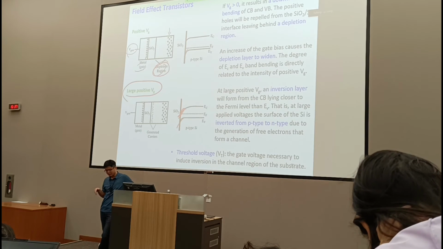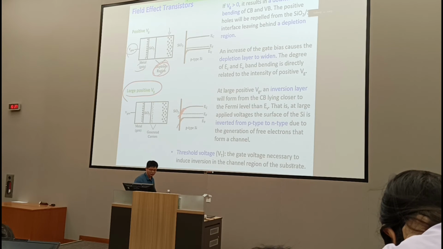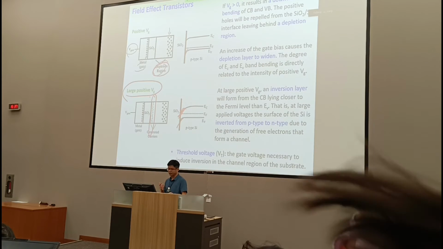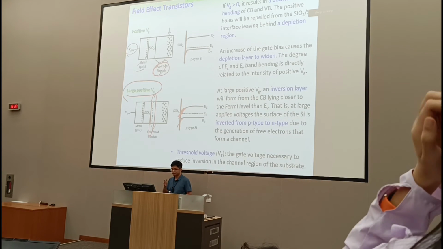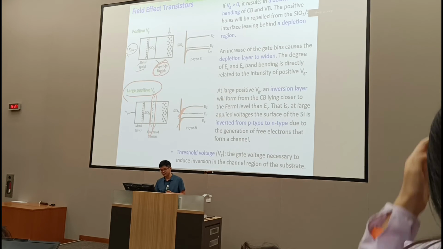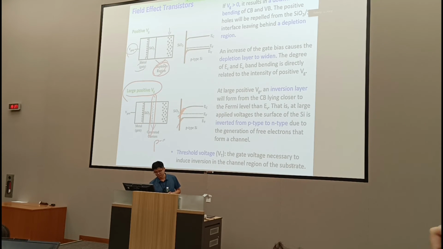Crossing means the empty states below the Fermi level are being occupied by electrons, right? So in real space, you will see an accumulation of electron carriers right at the silicon dioxide interface inside the P-doped channel material, the P silicon.